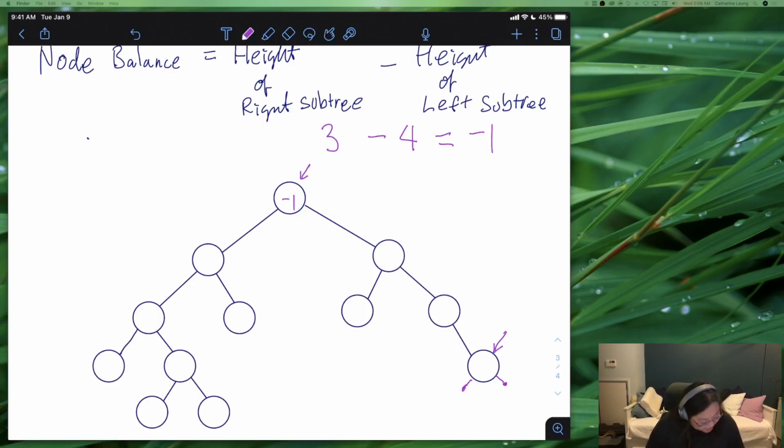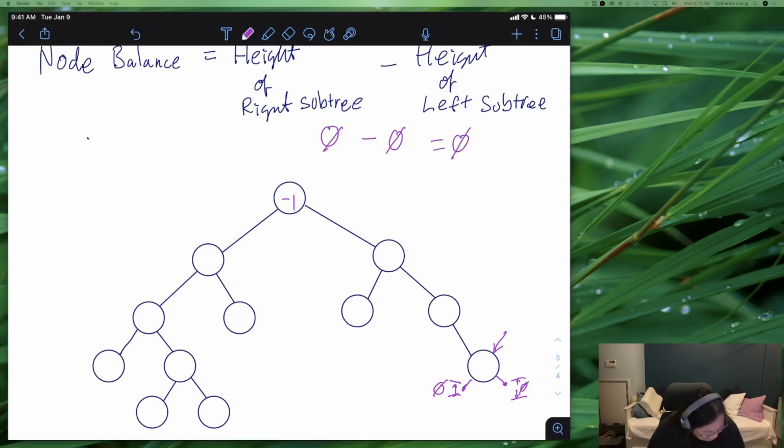It doesn't exist, right? So what that means is that the right subtree has a height of 0, and the left subtree also has a height of 0. The height of the two trees that don't exist is 0, and thus 0 minus 0 equals 0.